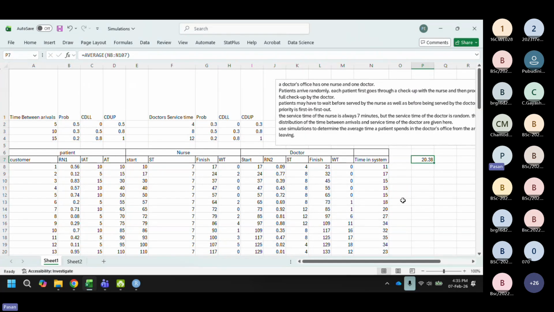So on average, the time is going to be 20. Oh no, that's changing. As we are increasing the number of patients, I don't know whether I changed anything here.